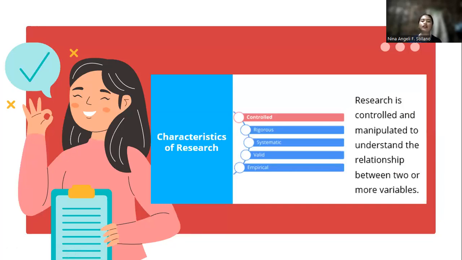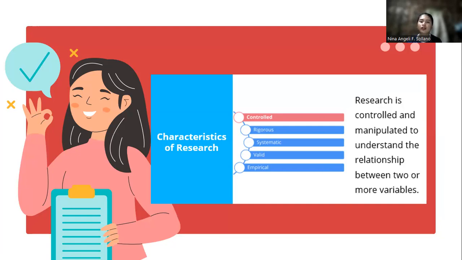This is the characteristics of research. First is control. So research is controlled and manipulated to understand the relationship between two or more variables. So again, controlled and manipulated. So, for example, your study is all about teenage pregnancy. So you will only tackle teenage pregnancy.